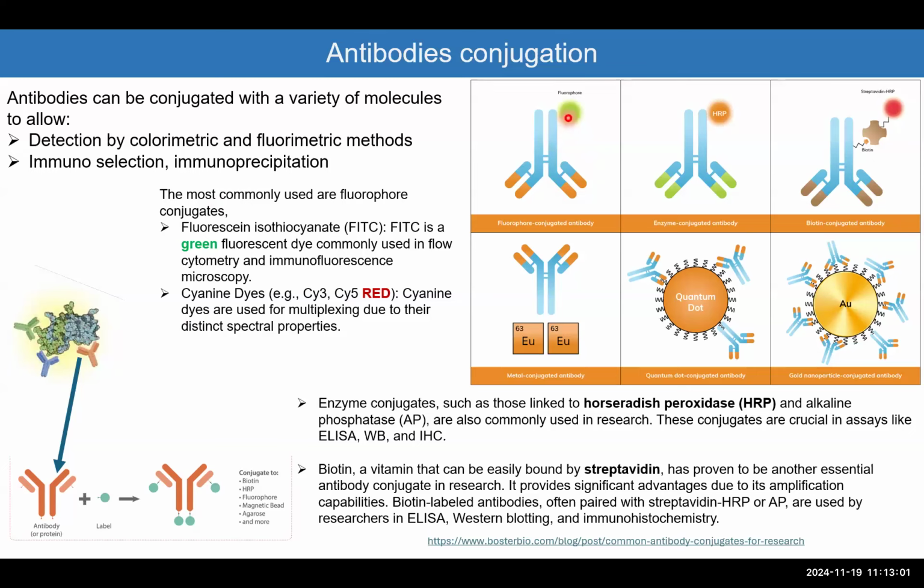Okay. You could also use another enzyme that is attached to that antibody, and this is called an enzyme conjugated antibody. And the most used in the labs is the HRP, which is the horseradish peroxidase. So this is an enzyme. If you provide it with the substrate, it will create a color, and then you can measure the amount of color you can see in that reaction.